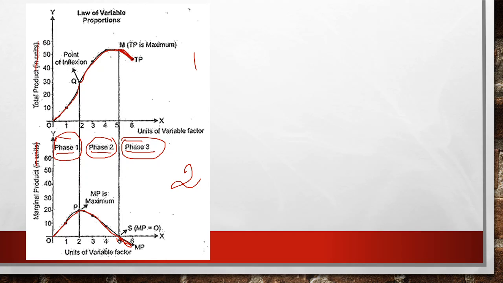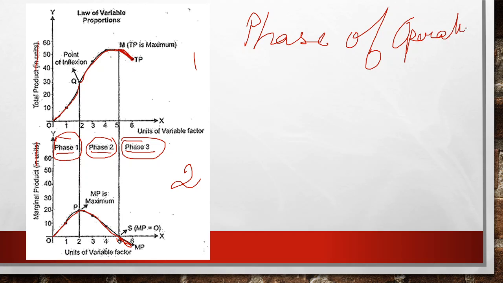Okay. Now my question is, which is the phase of operation? If you are a producer, suppose that you are a producer, in which phase will you like to operate?